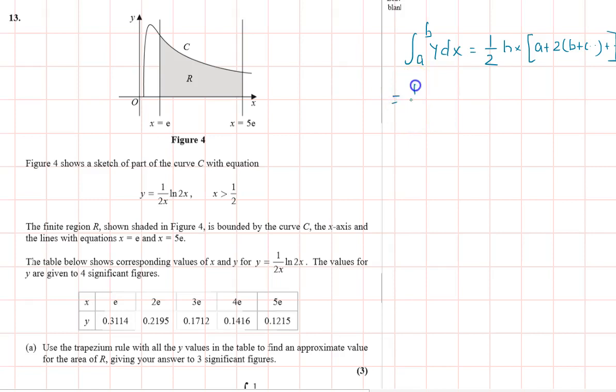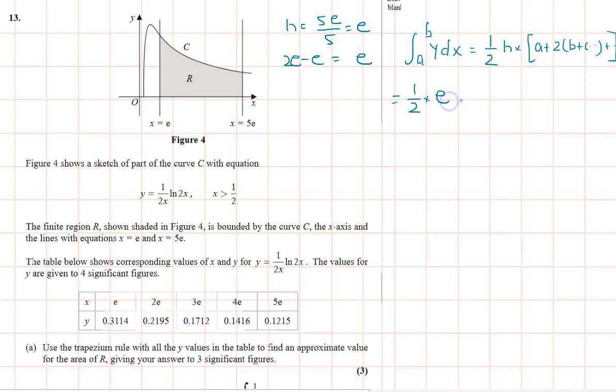So we can write half h, where h is e or 2e minus e is equal to e.